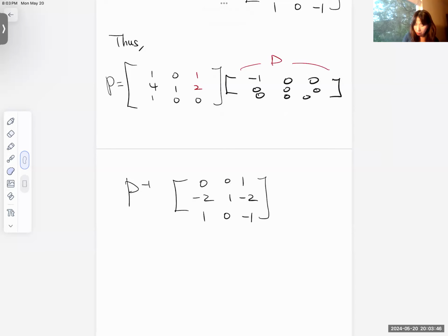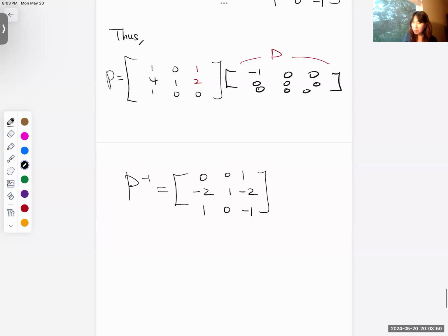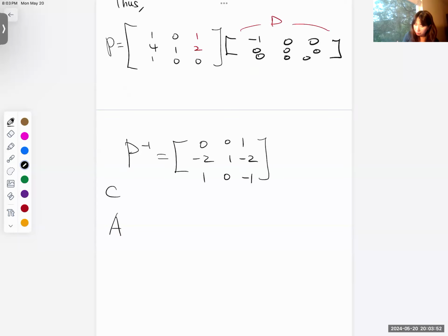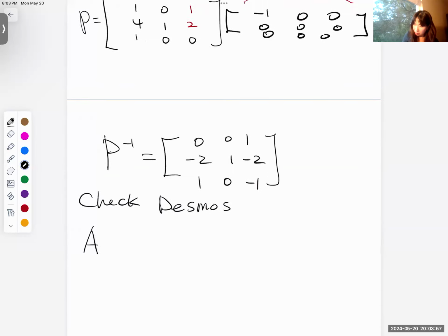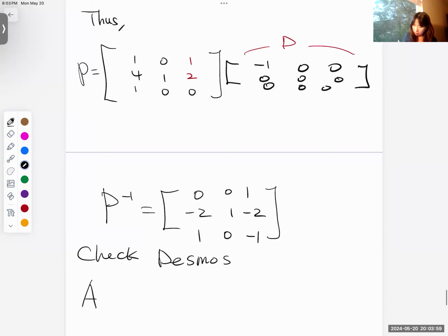Okay, so let's check that. Can you please check that A equal to P D times the inverse of P, with the decimals?